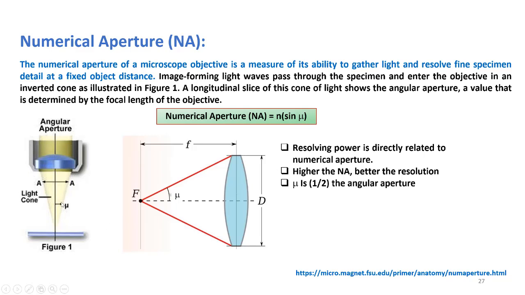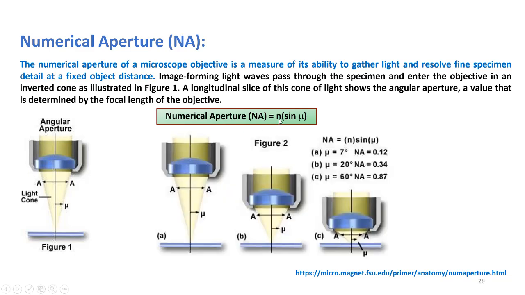Mu is this angle, and the refractive index is of the medium. Suppose it is a dry microscope, then we are using air, so the refractive index of air will be considered. For wet, oil immersion or water immersion, we have to take the n with respect to our medium.